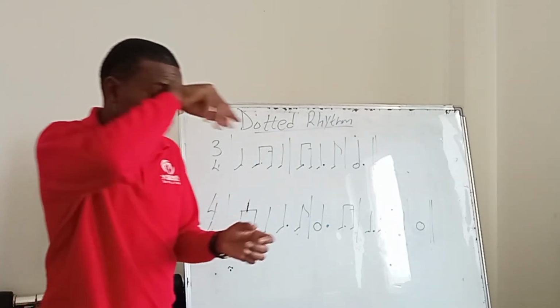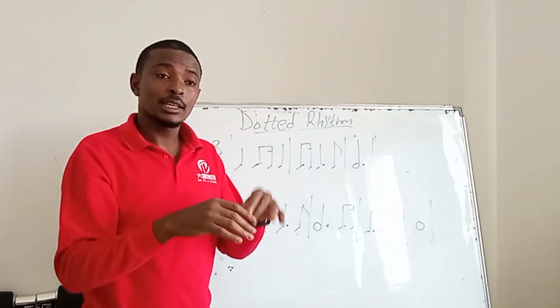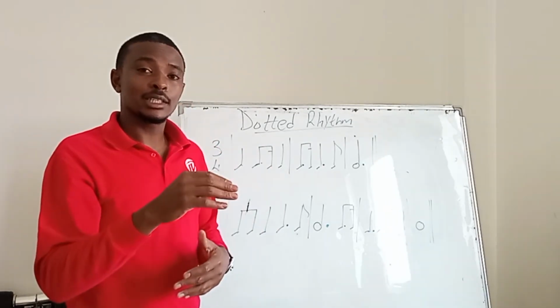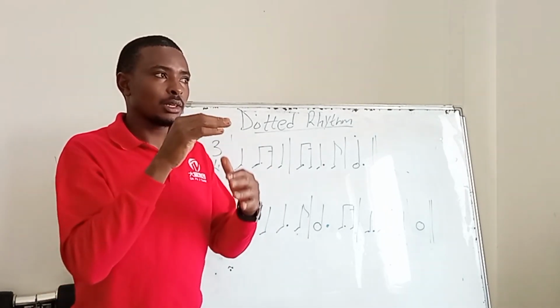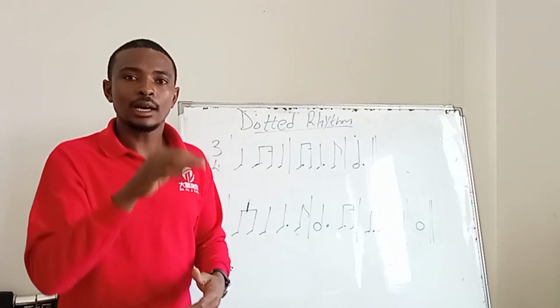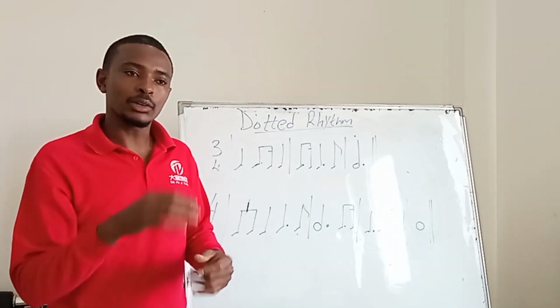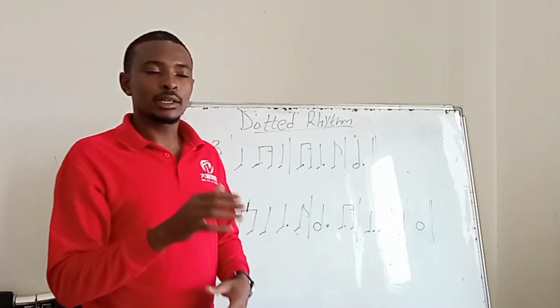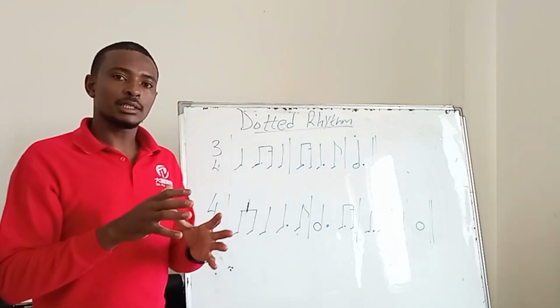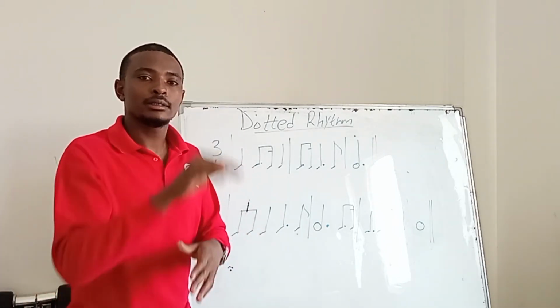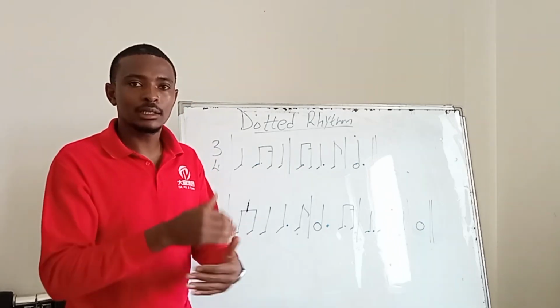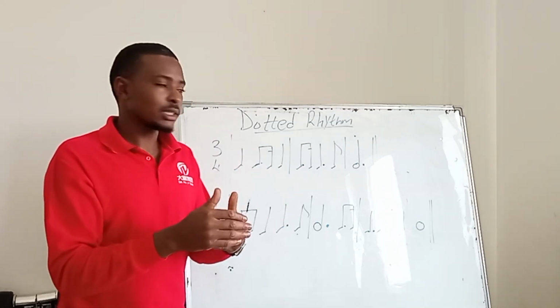You have to make sure that your crochet is consistent. Do not go ta and then ta ta ta ta ta. You'll be creating some irregular time signature for yourself. So just make sure that your crochet is ta ta. It can bounce from the start to the end consistently.